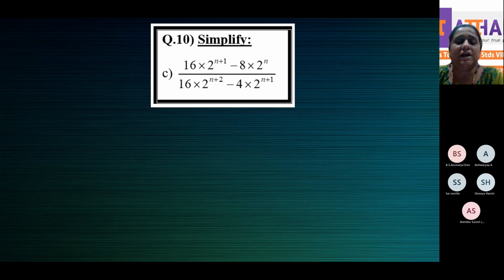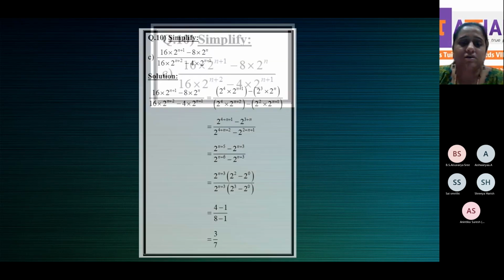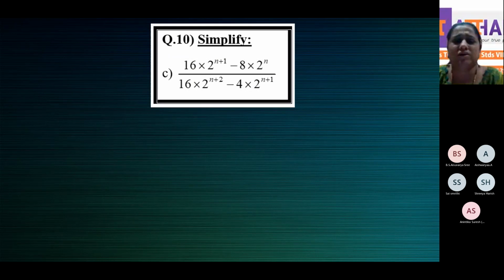Please complete it and try this as homework by the next class. Just try. It's okay if you don't get it. All this you will get with practice. You need to work the same thing a few times until you get a good hold of the procedure. So be patient, because everything is not easy to remember. It may be easy to understand, but everything is not easy to remember. You need to practice.